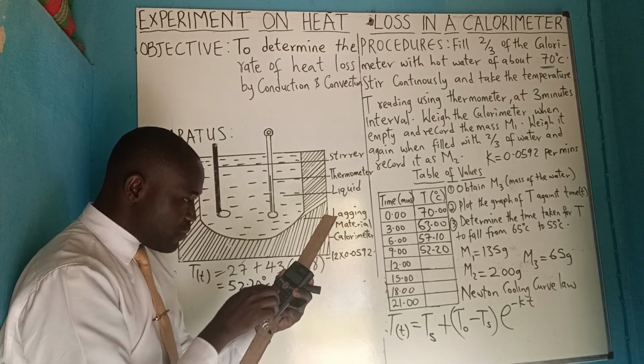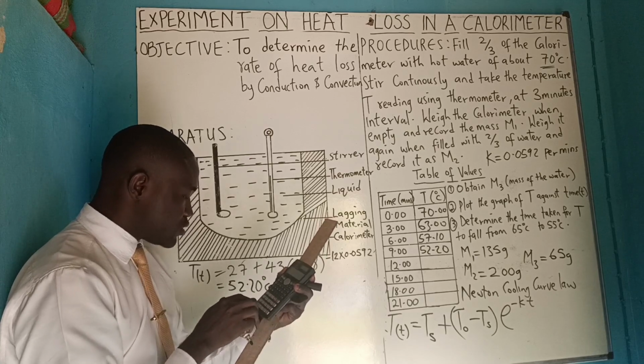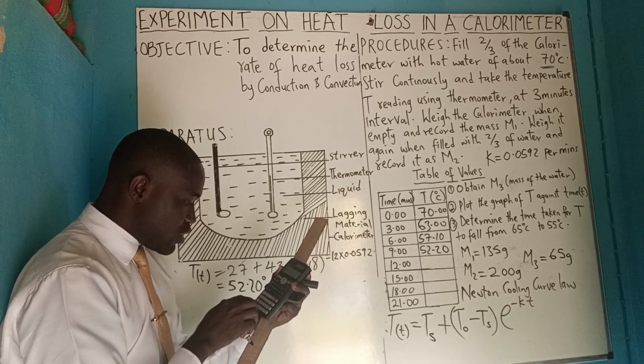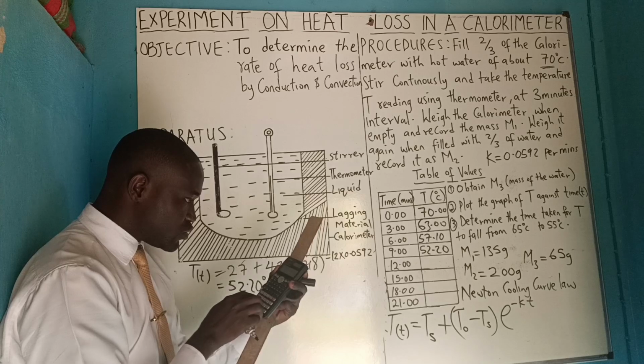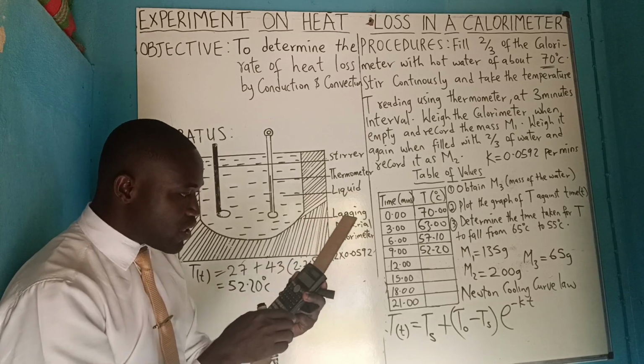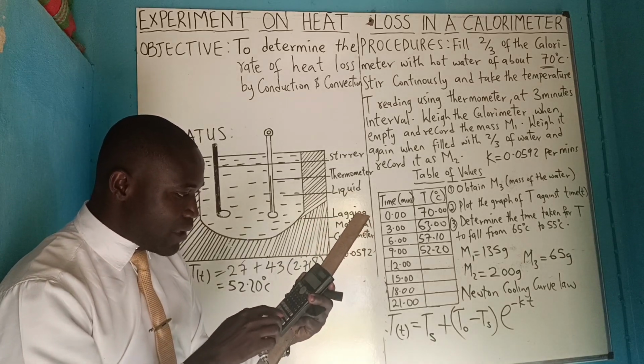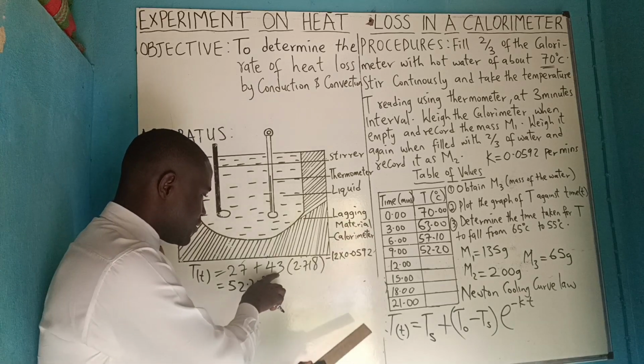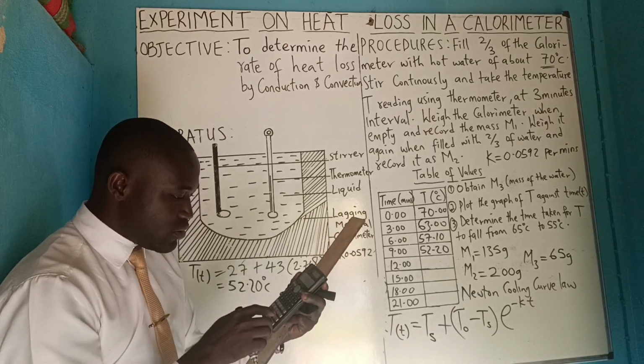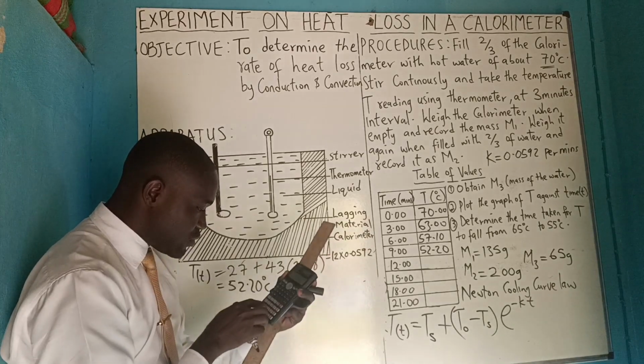2.718 raised to the power of bracket minus 12 times 0.0592. That will be giving you an answer, times 43. You have it plus 27.